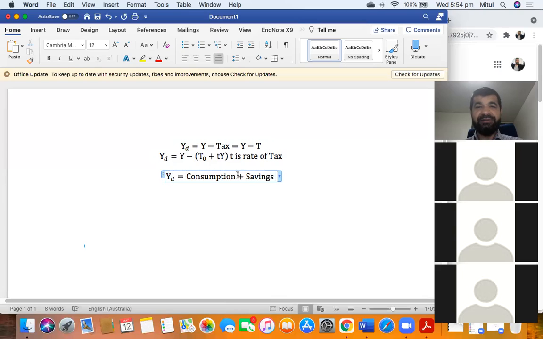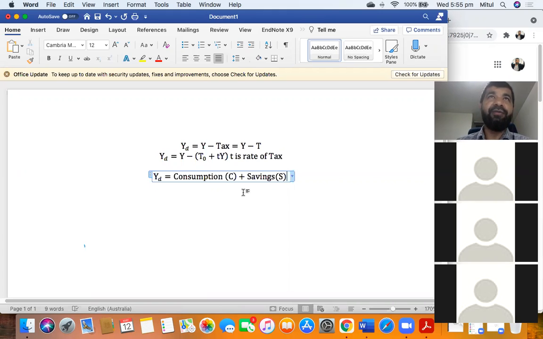Consumption is our C, and savings is our S. That's what we are trying to say here. Our disposable income is used in two ways: we consume some money and we also save some money in the bank.